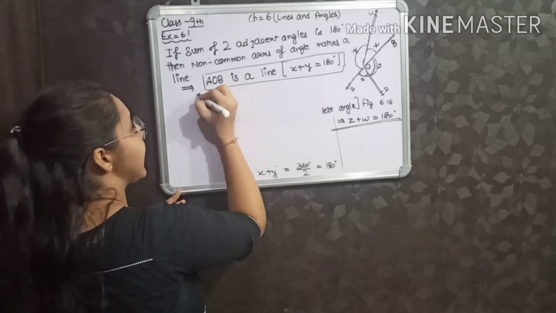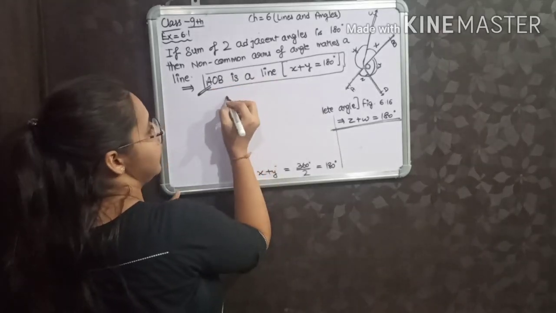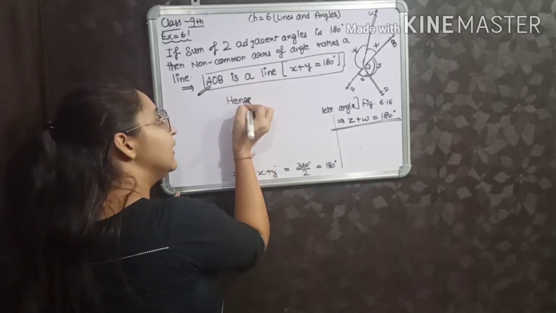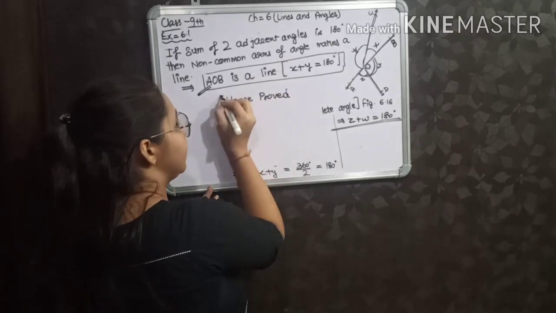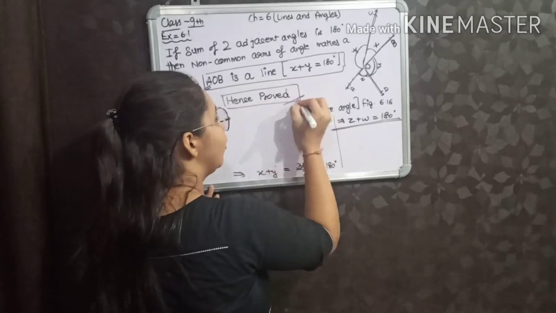So we can say that AOB is a line, and this was what we had to prove. So we can write hence proved.